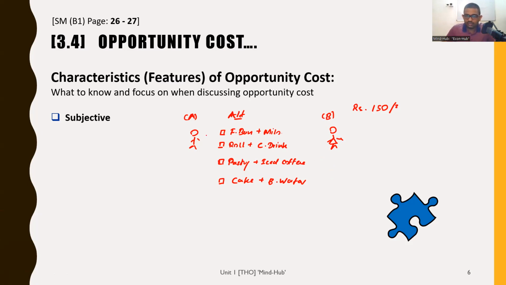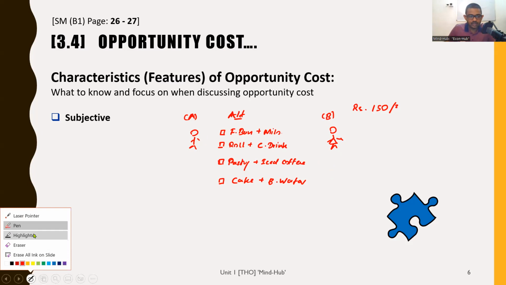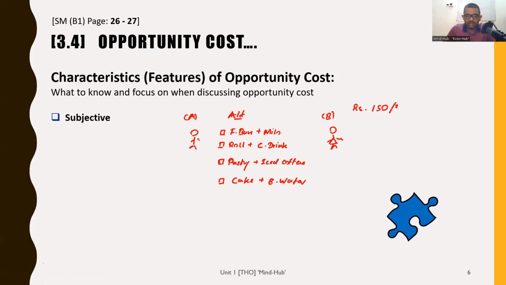Now we'll say, for example, A chooses to go for the fish bun as the first alternative, meaning the selected, chosen alternative. And if you ask A, if you didn't buy a fish bun and a Milo, what would you buy?